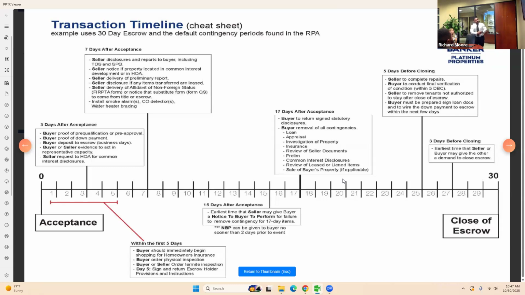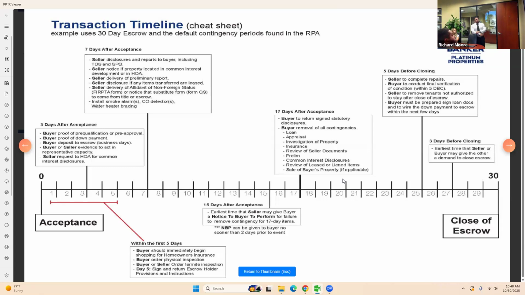Now, by day 7, it's a lot of things going on at the beginning, right? By day 7, the seller should have already sent out the seller's disclosures. HOA information or HOA docs should have already gone out. Delivery of the preliminary title report, that's gonna be ordered from escrow.